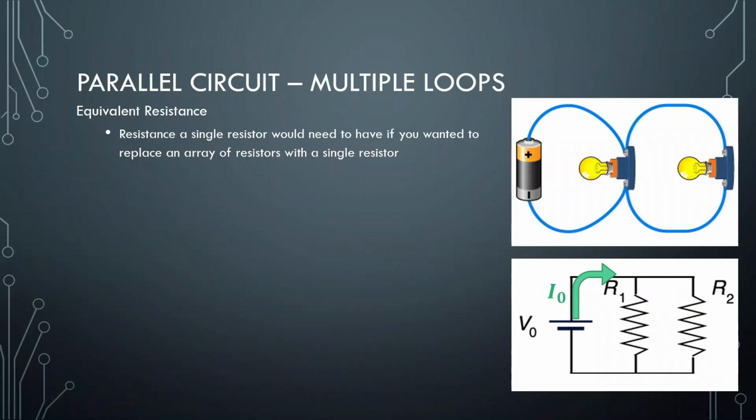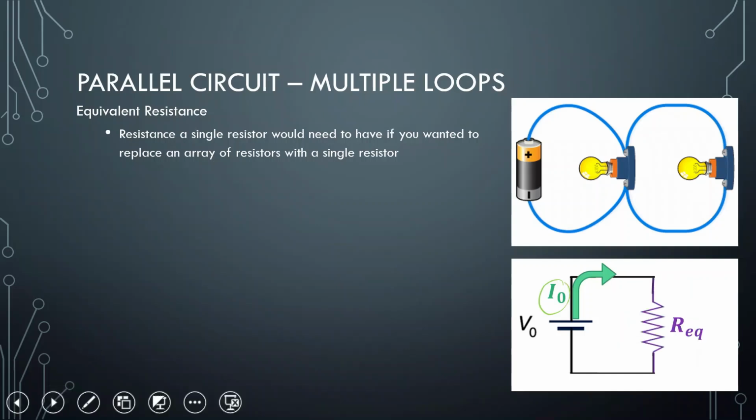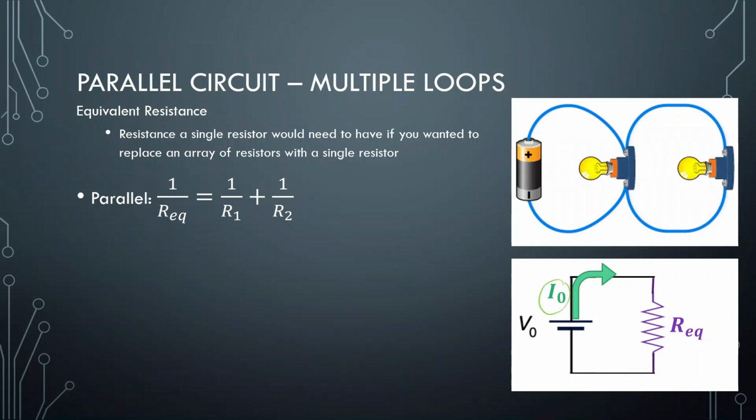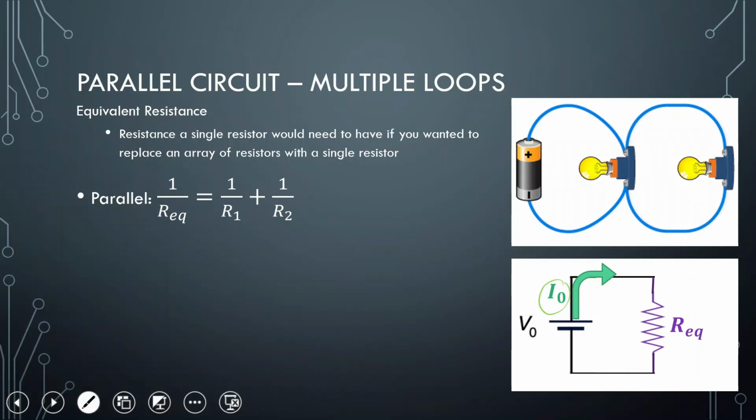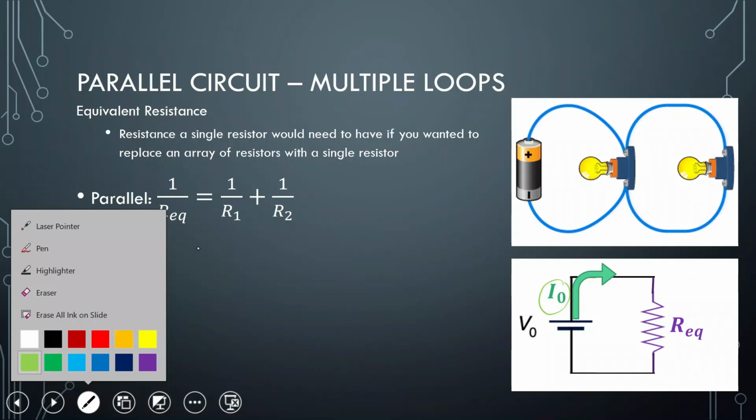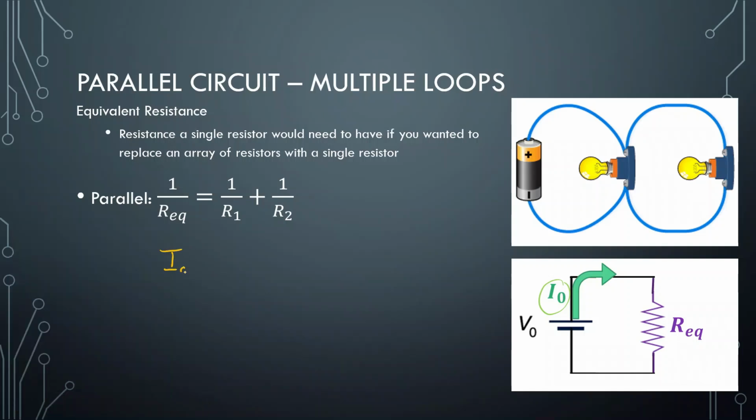Now, what happens here with equivalent resistance, if I was to try and replace this with a single resistor that still has that same current I0? I get that 1 over Req is equal to 1 over R1 plus 1 over R2. Where we get this from is starting with our current rule: I0 is equal to I1 plus I2.